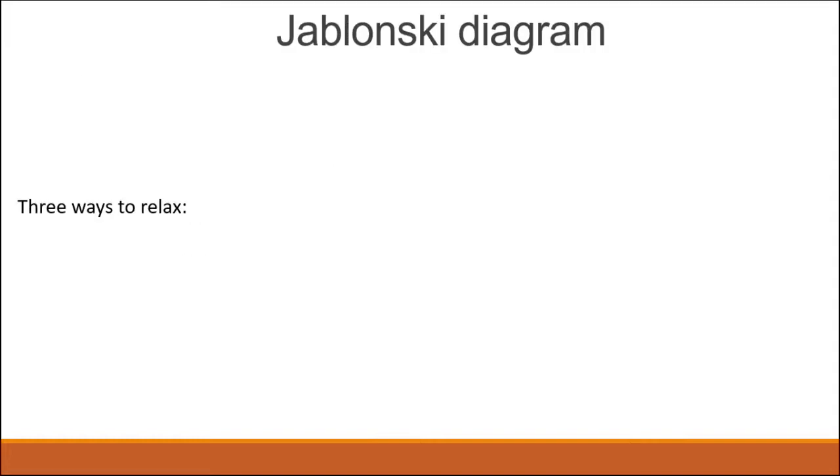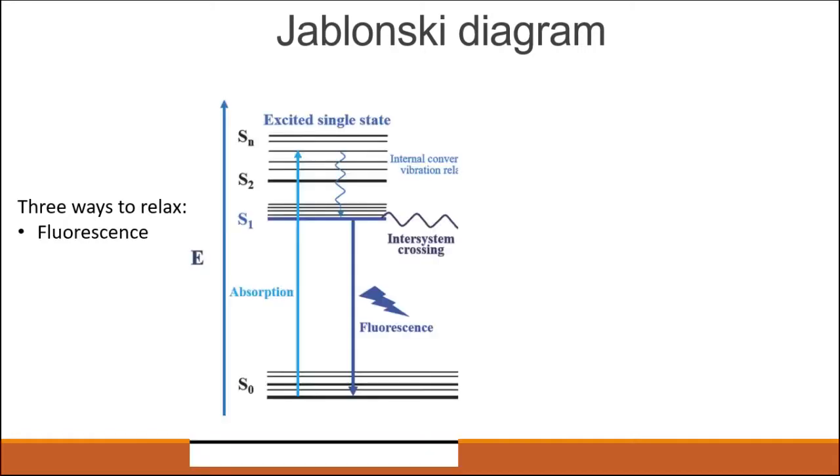When we try to make an image, what we do is illuminate the sample and pick up a signal generated by the sample. But of course, when we illuminate the sample, several things happen. First of all, the electrons jump from the fundamental level to an excited level in the sample.